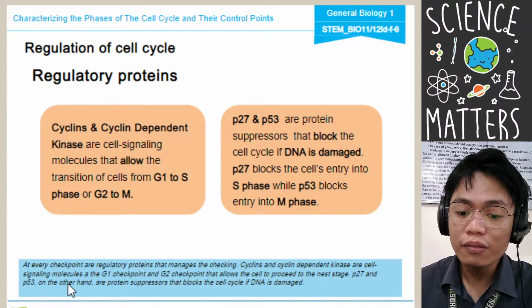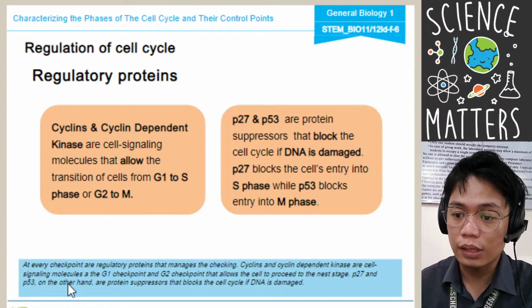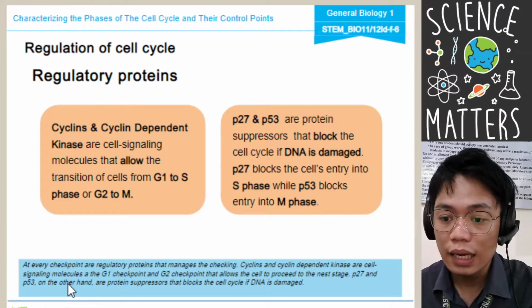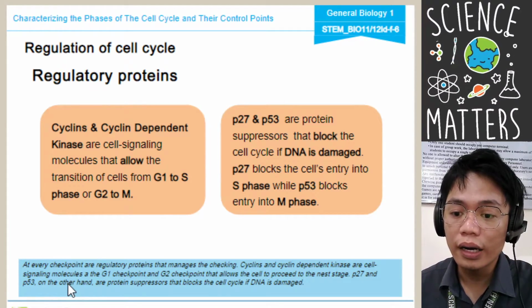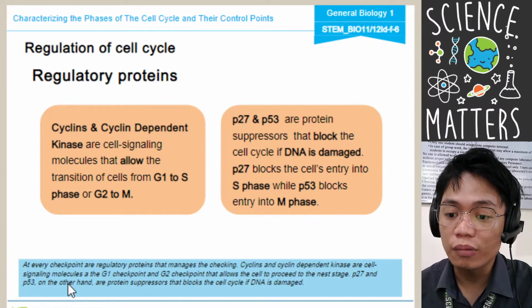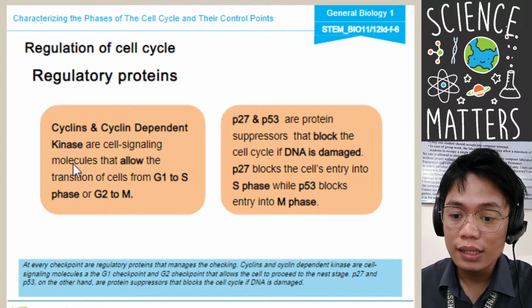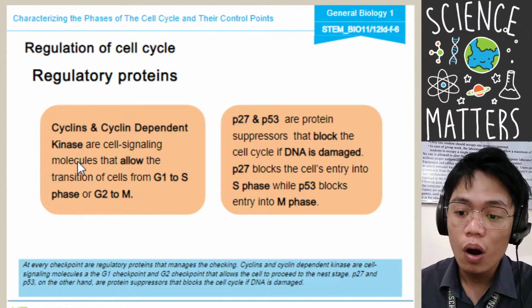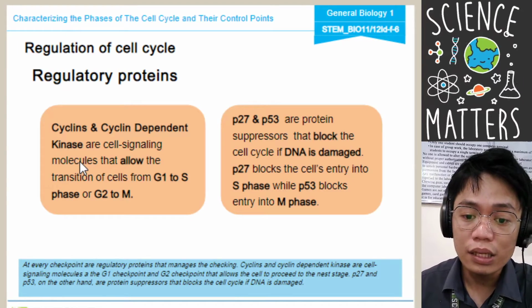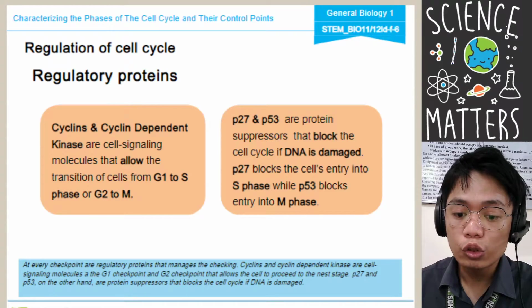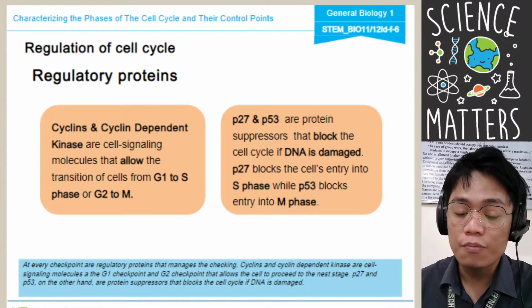So we also have the regulatory proteins. Okay, the regulatory proteins are cyclins and cyclin-dependent kinases, cell signaling molecules that allow the transition of cells from G1 to S phase to G2 to M. So cyclins and cyclin-dependent kinases are the proteins that serve as the signal for the cell to proceed to the next process.